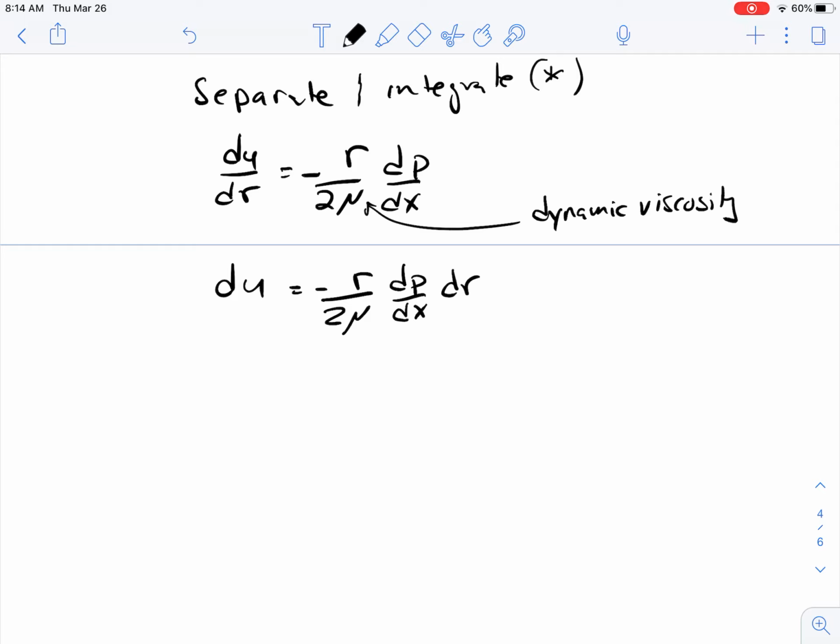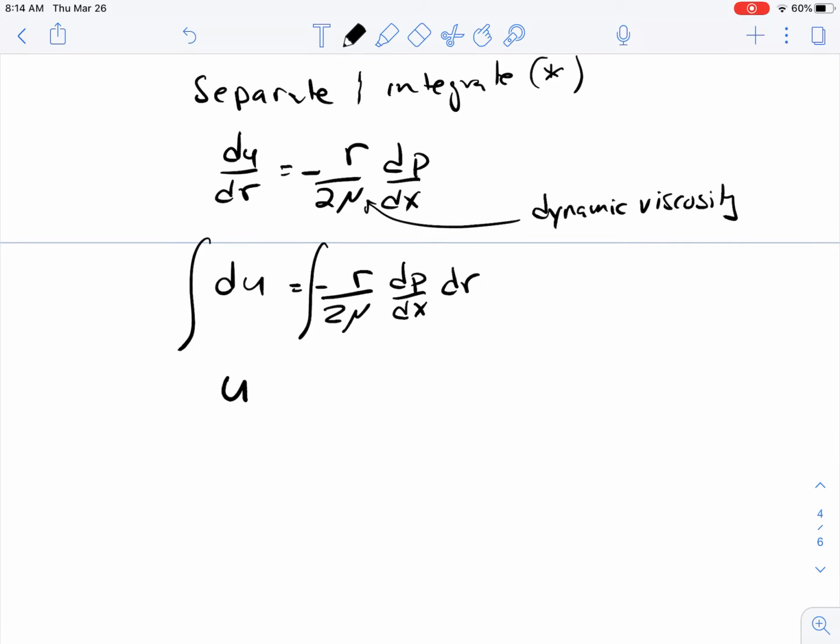Now, given what we have here, we can go ahead and integrate. We're going to integrate from the center to the wall. So we'll have that u of r is going to be equal to minus, and this integral that we have here, all of this except for the r is a constant, so we can move it over.